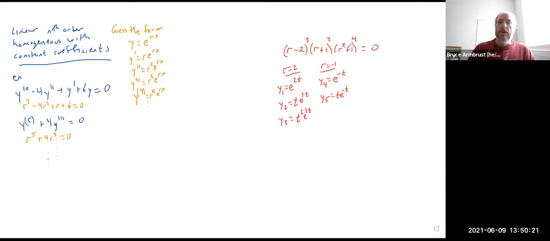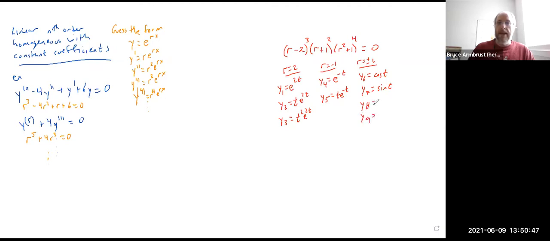Now, if we go to this one, the r squared plus 1 gives us plus or minus i, which would lead to sines and cosines, right? So y6 would be cosine of t, y7 would be sine of t, but these are repeated 4 times.